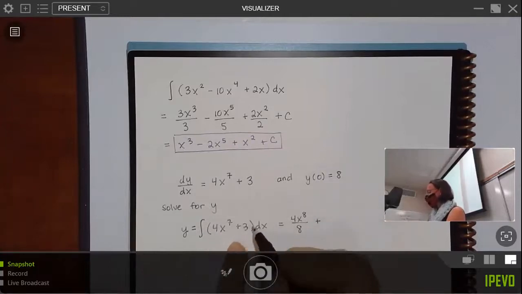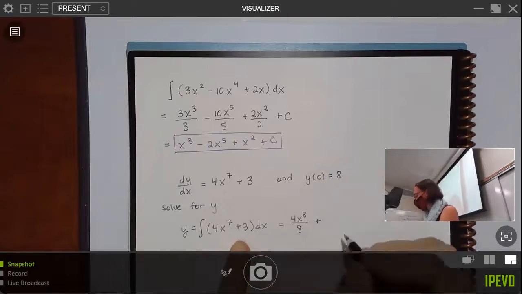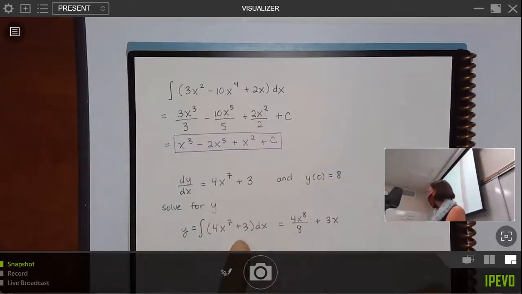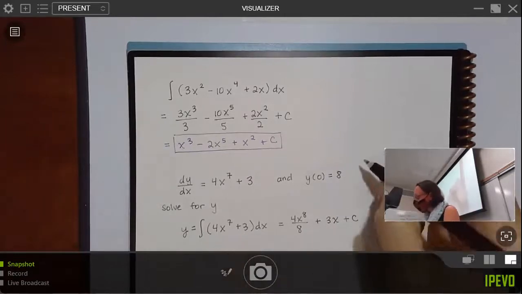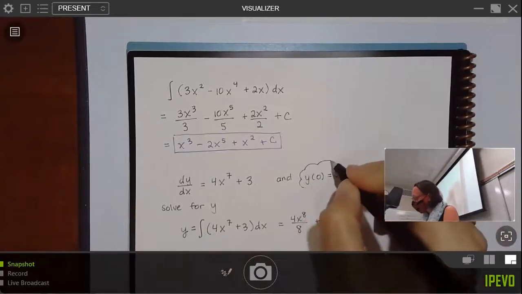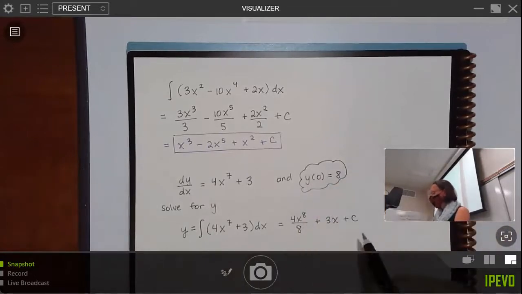Whenever we have a constant, that constant came from taking the derivative of the constant times x. The derivative of 3x is equal to 3. And then I could add in a constant. Well, here I have this extra piece of information, and that extra piece of information could let me get rid of the c.